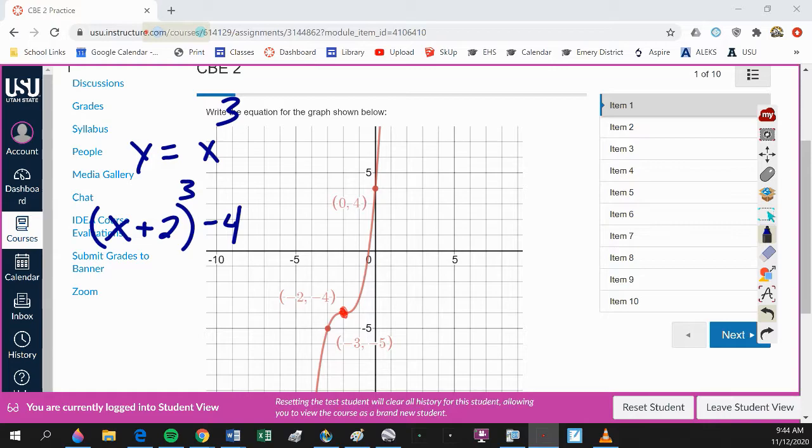What if it was over 1, up 3? What would you do? You would have to put a 3 out here, because it's 3 times as tall. Okay? The tricky part, and I don't know if they'll do this to you or not, is what if it's divided by 4?